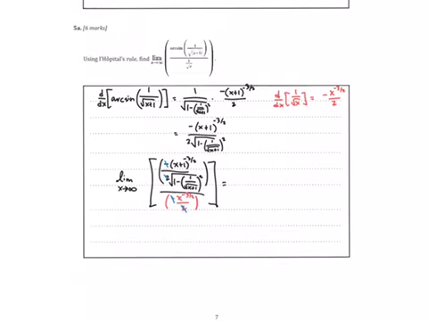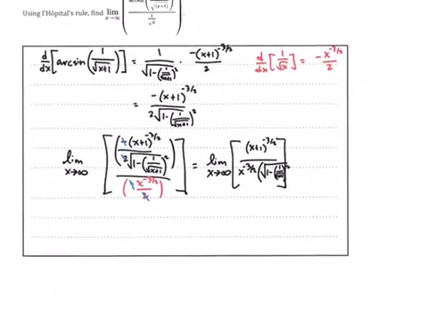So let's rewrite this as the following: x plus 1 to the negative 3 halves over x to the negative 3 halves times this square root 1 minus 1 over root x plus 1 squared. Wow, that was terrible. Okay, hang with me here.